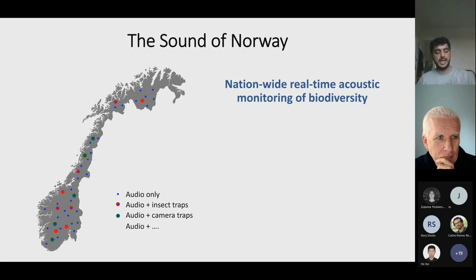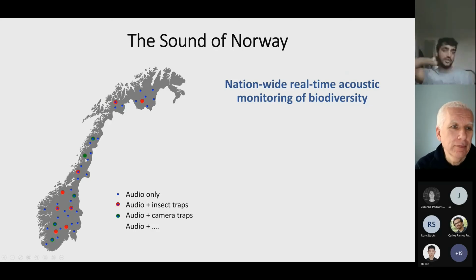But with audio, we hope we can get at least a few species of interest to most of these different monitoring programs. So what we wanted to do was create a network that had many locations which are just audio recording, but also many which overlap with existing data points, to give us some training data essentially to infer species occurrences and species patterns beyond the extent of the current networks.